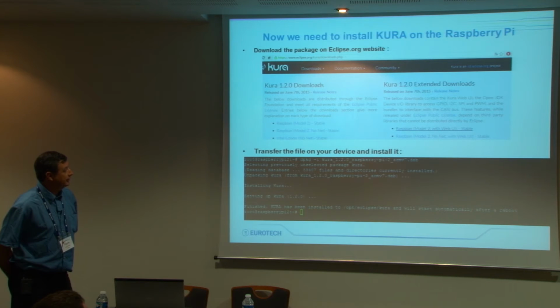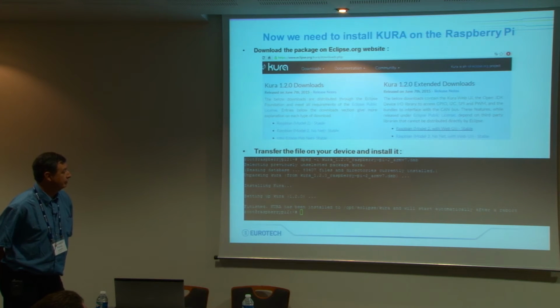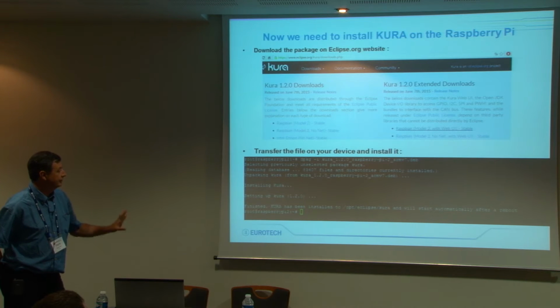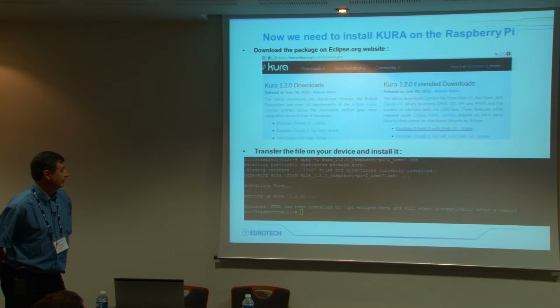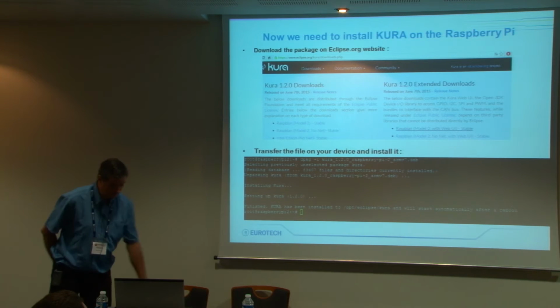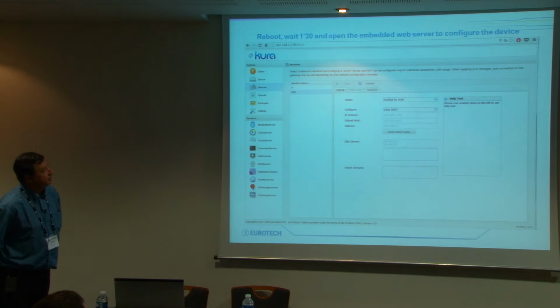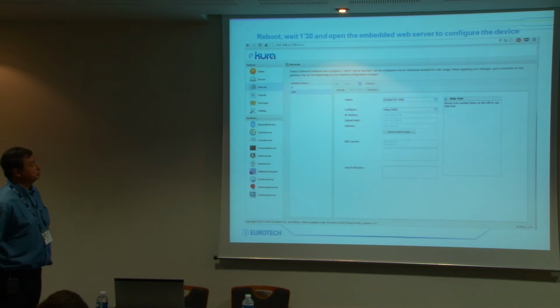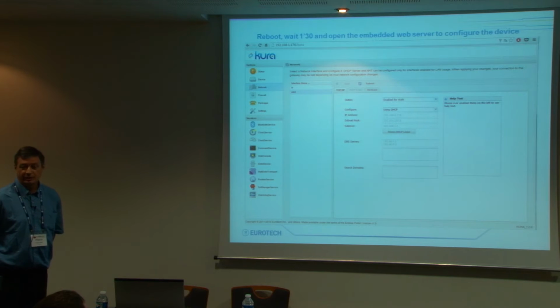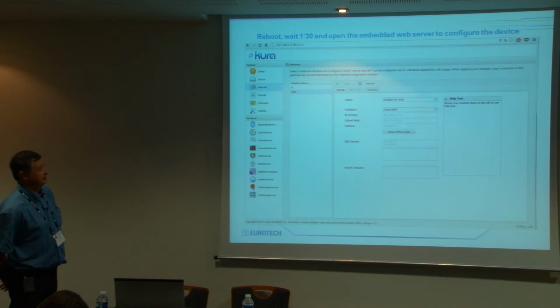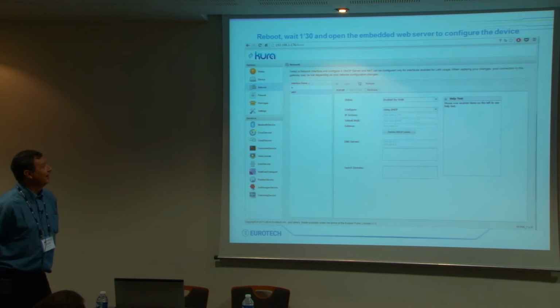When you have downloaded this file, you transfer it to your device and install it as you do on all your Linux systems, just using the package manager. After that you just have to reboot the device and Kura is running. You need to wait maybe 1 minute and 30 seconds because it's a bit long. It's a Raspberry Pi 2, it's not a big machine.